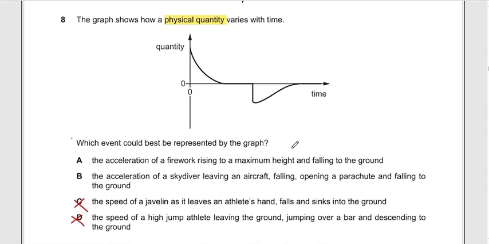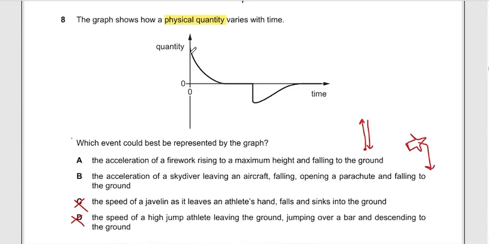Okay, so we can visualize this as a firework going up and then falling down. And if this is an aircraft, mind my drawing please, the skydiver is going to fall down.